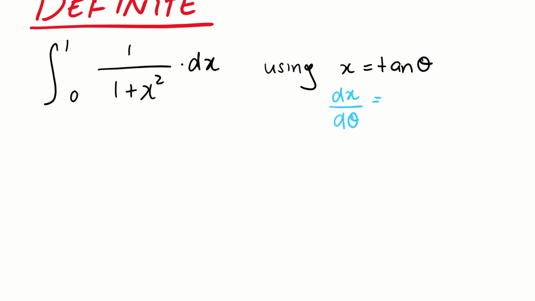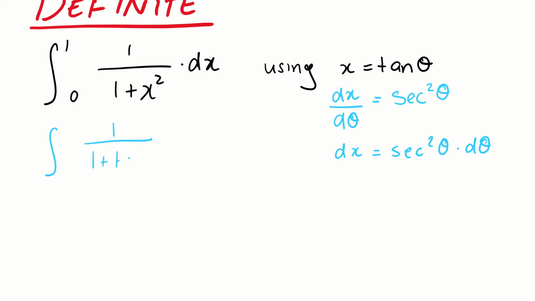Different terminology, but that's okay. And the derivative of tan theta is sec squared theta. Rearrange for dx, and I'm going to get sec squared theta, this time times d theta. All right, make my substitution. I get 1 over, x is tan, so 1 plus tan squared theta, timesing by sec squared theta d theta.